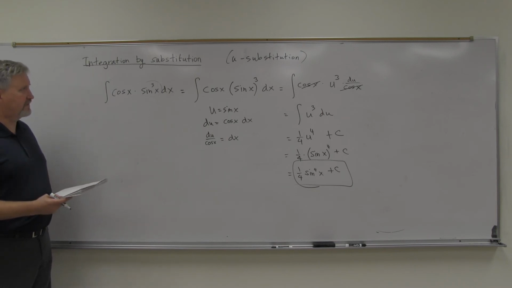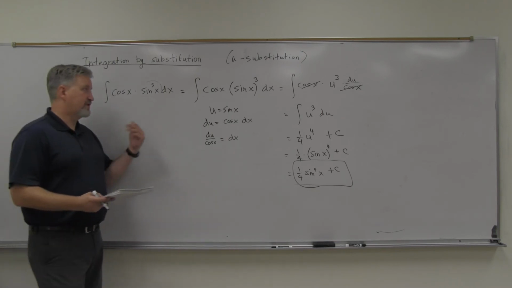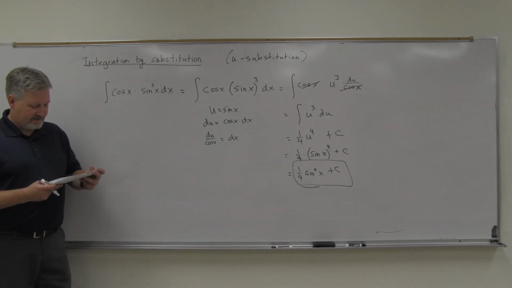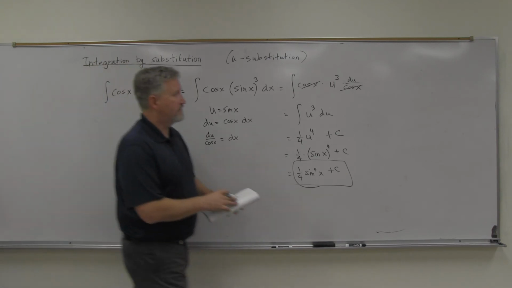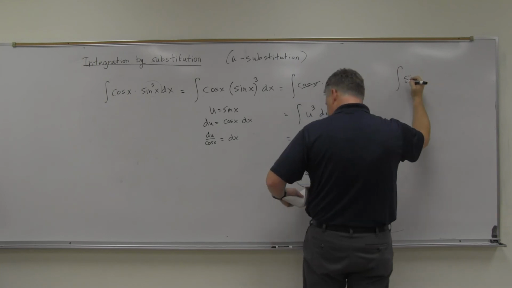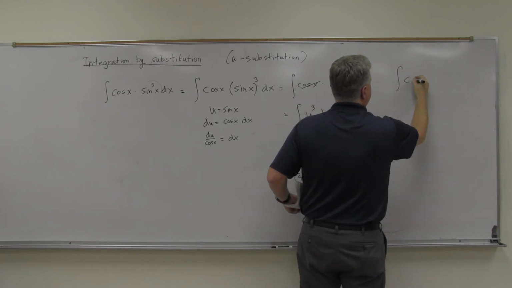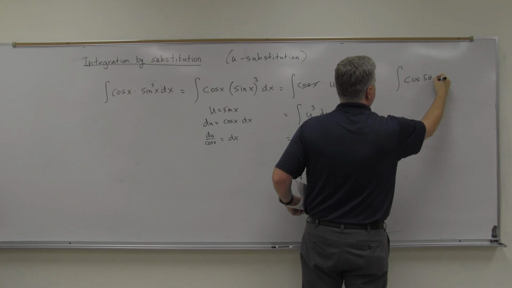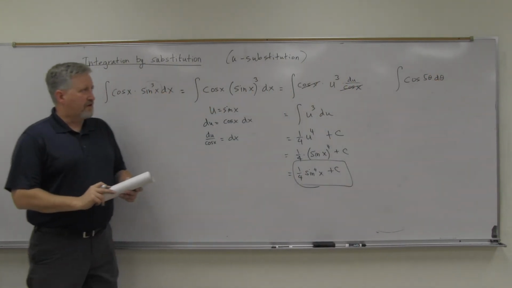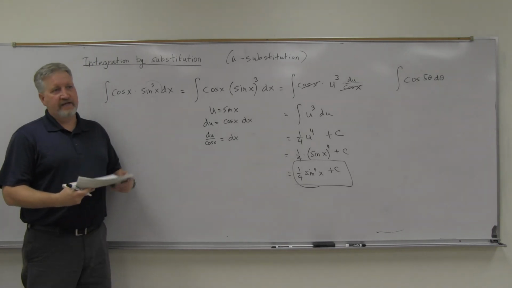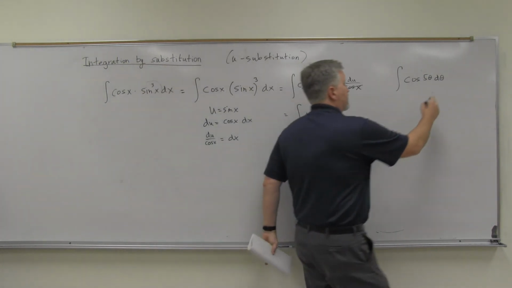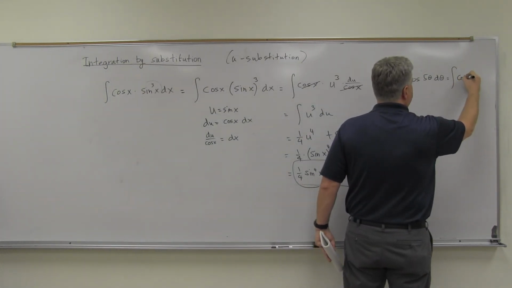So yeah, to do U-substitution, if you can write it in parentheses, that does happen. And the other one I would say could be as simple as this, but say we've got the integral of cosine 5 theta d theta. Again, no parentheses, however, there's kind of implied parentheses there.